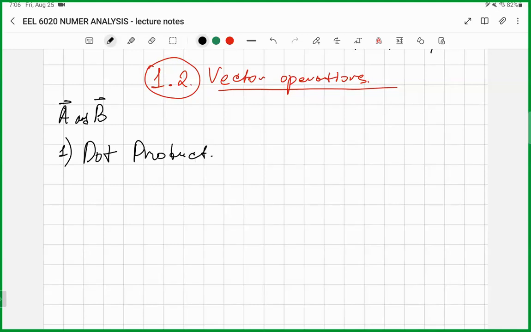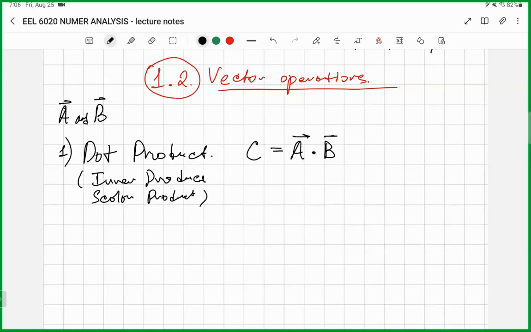Dot product, which by definition gives me a constant c, and I denote it by a dot b. It's also named the inner product and scalar product.